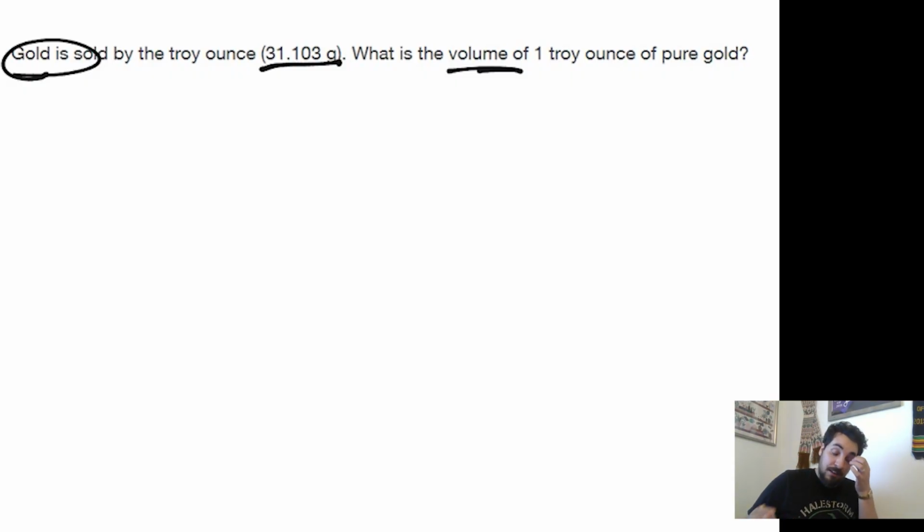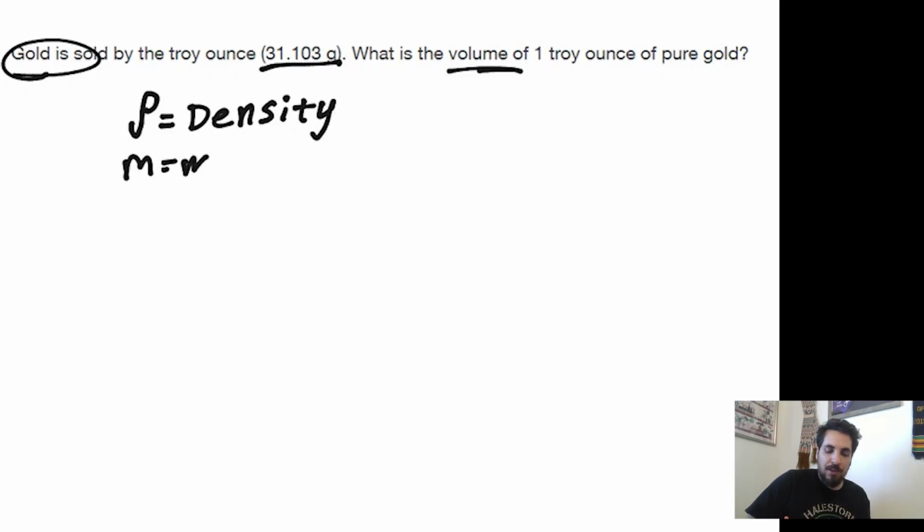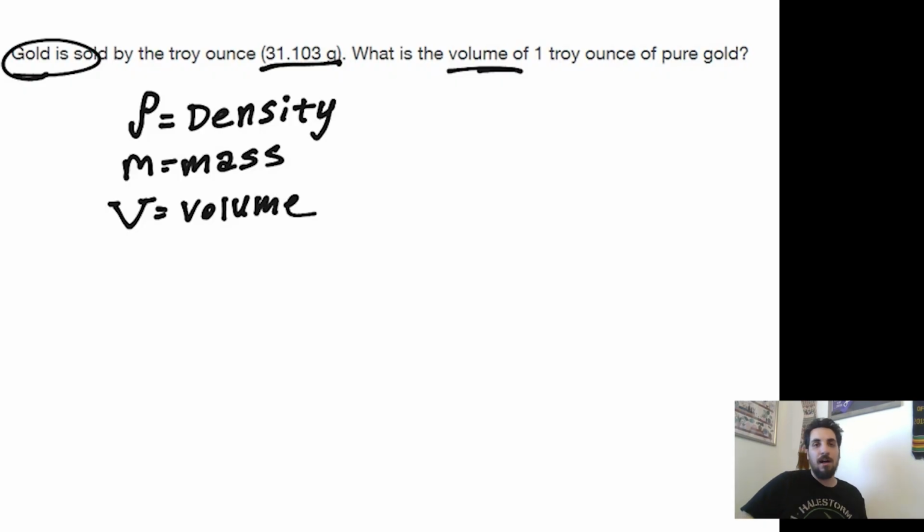And whenever we have these three quantities at play, we need to understand that the relationship between them is this density relationship, where density, represented by the Greek symbol rho, is related to mass, which we represent with M, and volume, which I represent with V. And here to differentiate volume from velocity, I use V with little serifs on them.